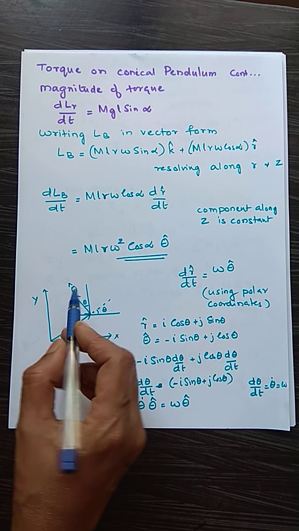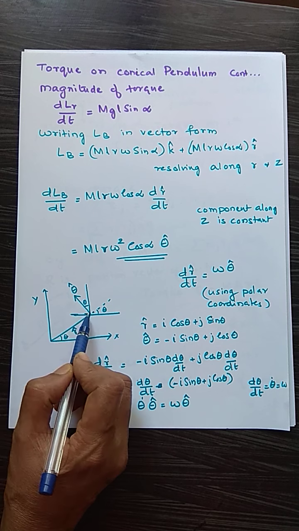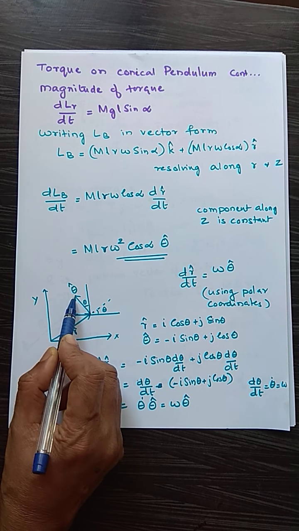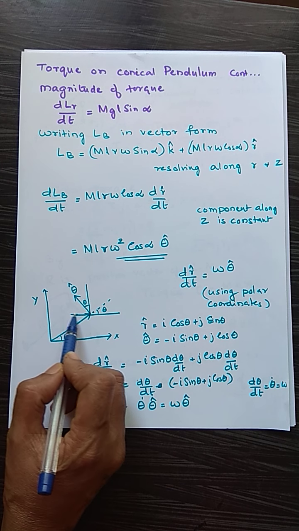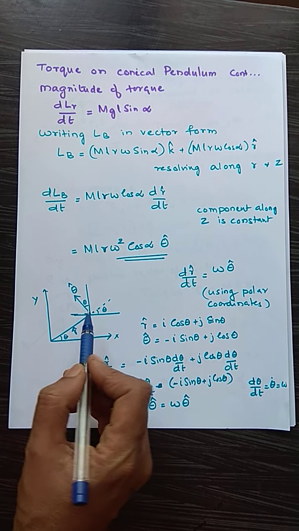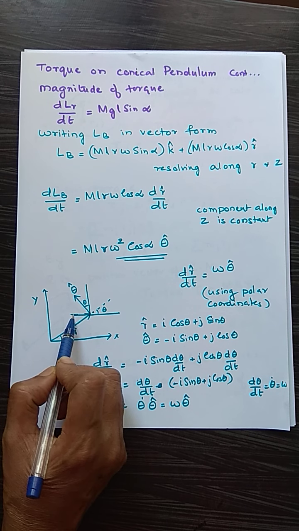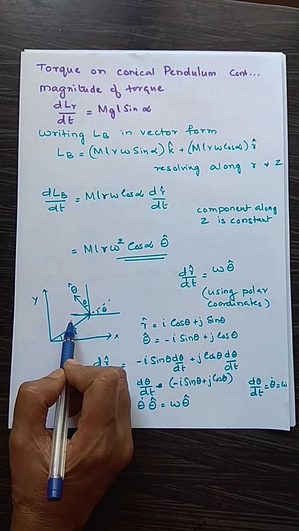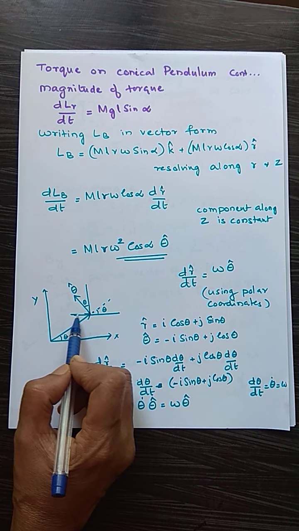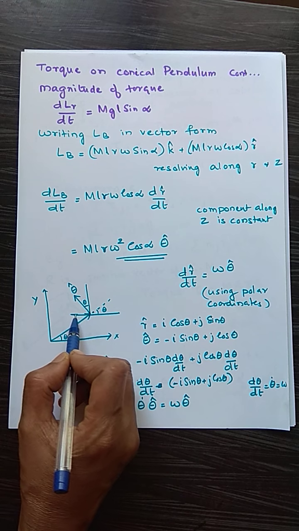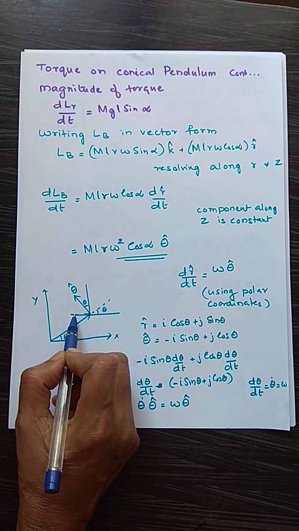Along the x direction, because the rotation is anticlockwise, the component will be along the negative x-axis, so a minus sign comes there. It will be the sine component, so I have minus i sin theta parallel to the x-axis.